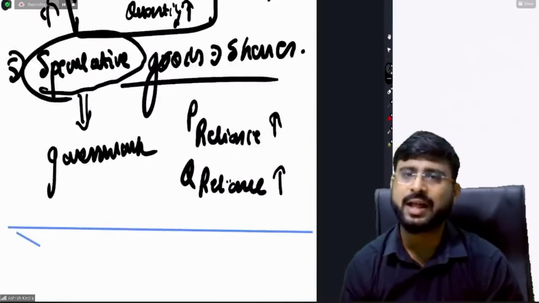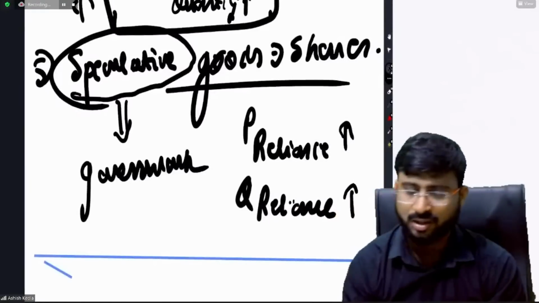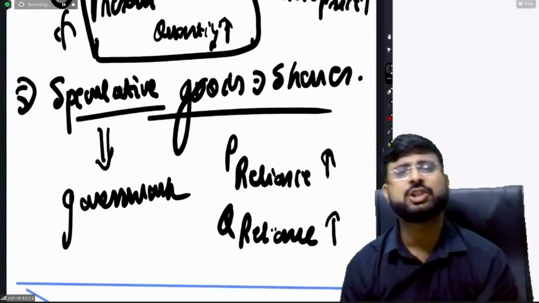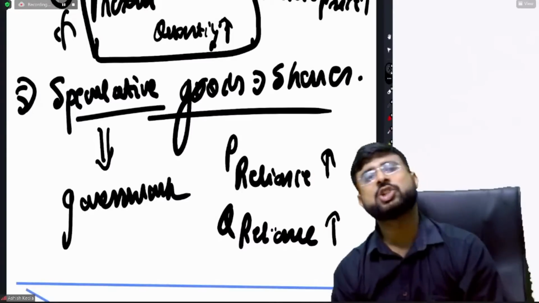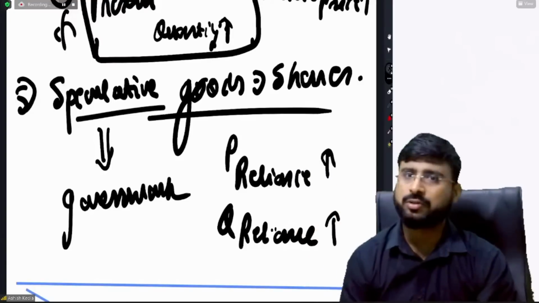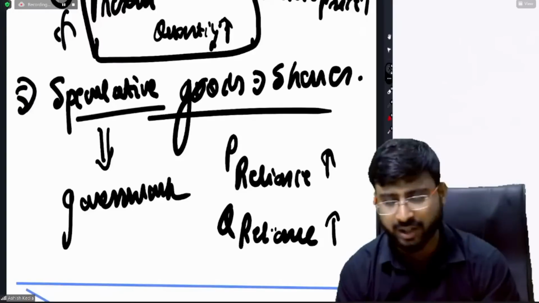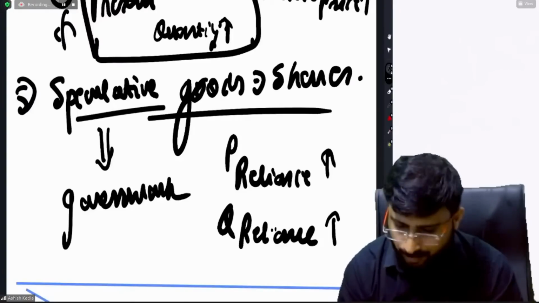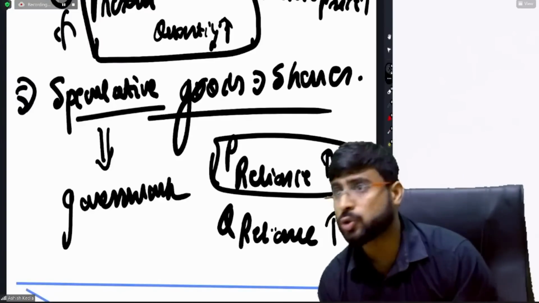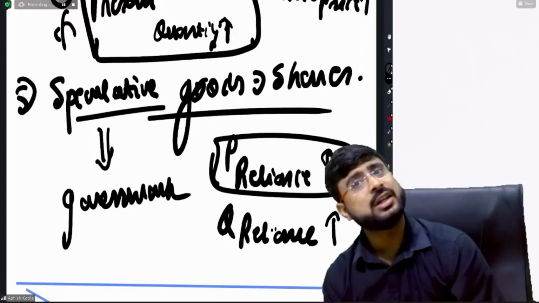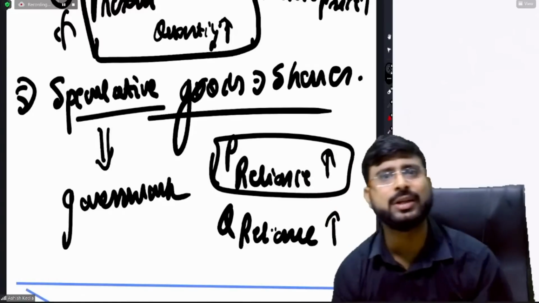And finally, everyone, the last exception that we will discuss is speculative goods. Speculative means which involve guesswork, where you will have to guess. Suppose the price of shares of Reliance Industries increased. So now you may think that Reliance share prices are rising, so I can buy more of Reliance shares today only.